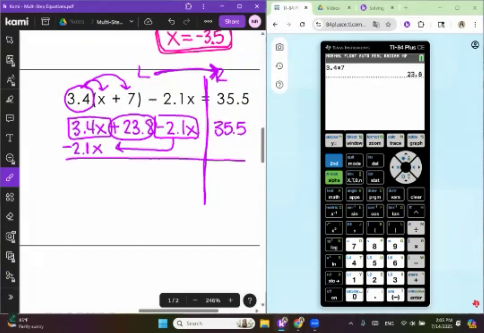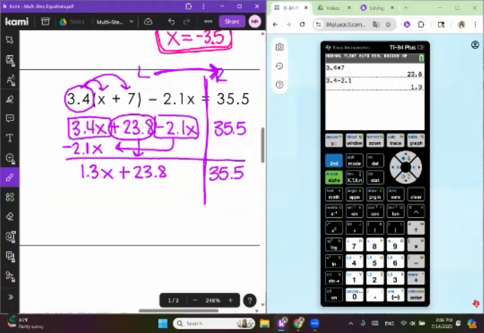Okay, 3.4 minus 2.1 is 1.3. Bring down your plus 23.8 and your 35.5 again. Yeah, sometimes it'll come down a few times before you actually do anything with it. So, all right, next step.